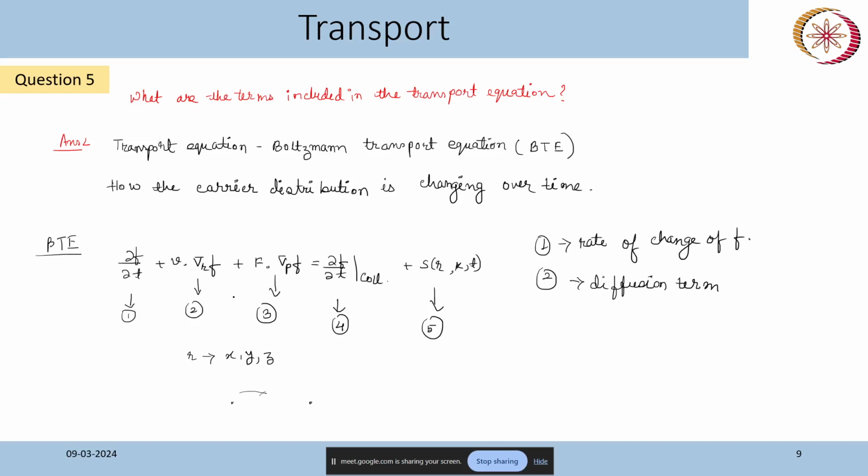Okay, that means this term actually represents the diffusion because of the concentration gradient, and it is multiplied with the velocity of the particles, how they diffuse. Okay, so that is why the second term represents the diffusion in BTE.